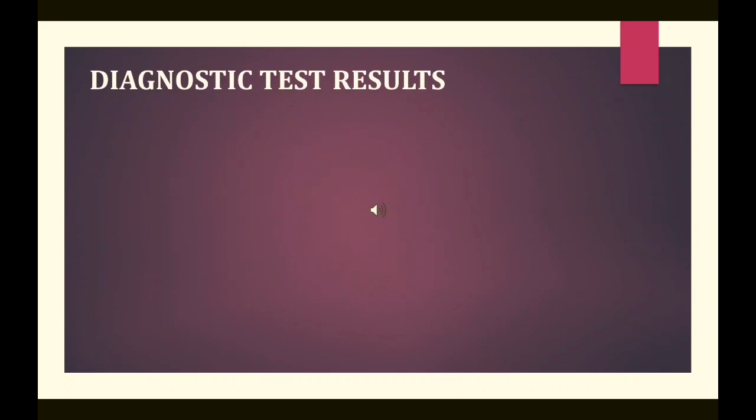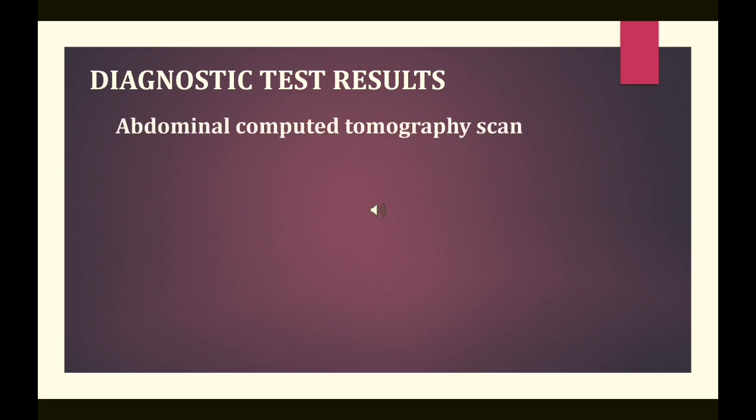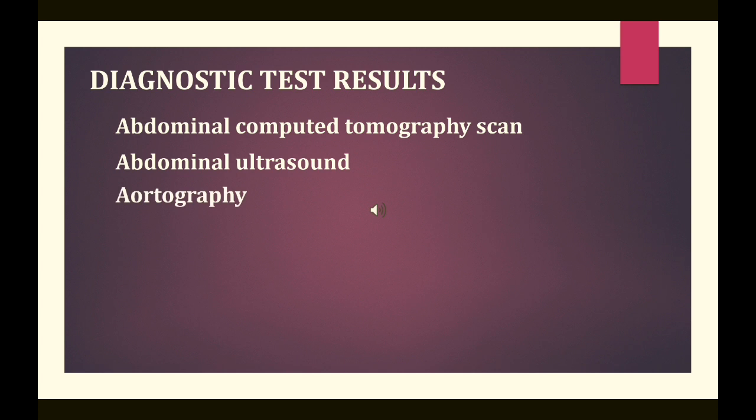These are the diagnostic test results and what they will tell you. Abdominal computed tomography scan or abdominal ultrasonography determines the aneurysm size, shape, and location. Aortography shows the condition of vessels proximal and distal to the aneurysm and the extent of the aneurysm.